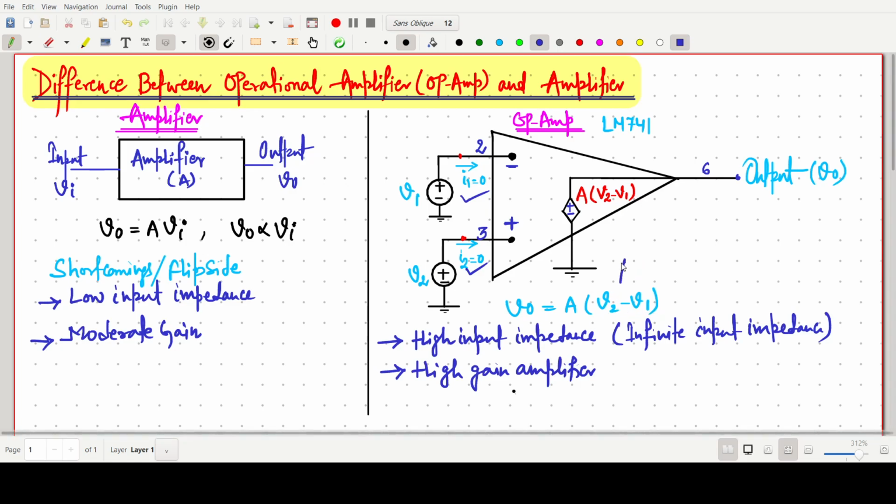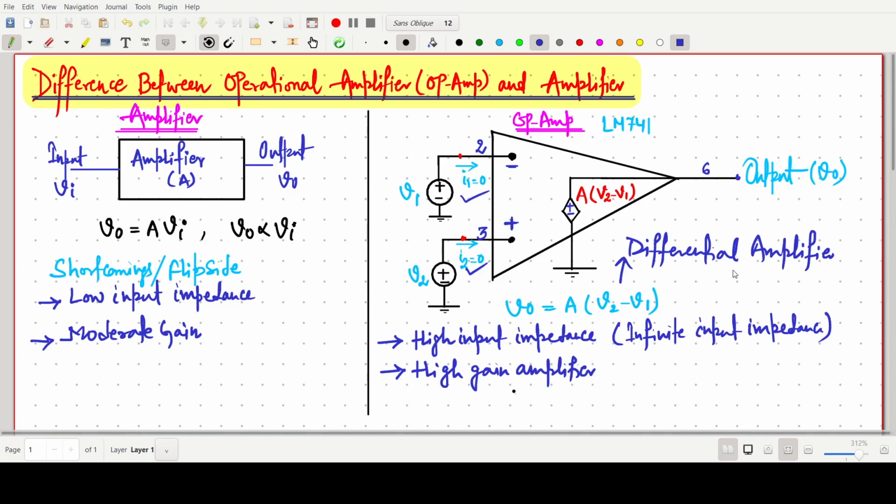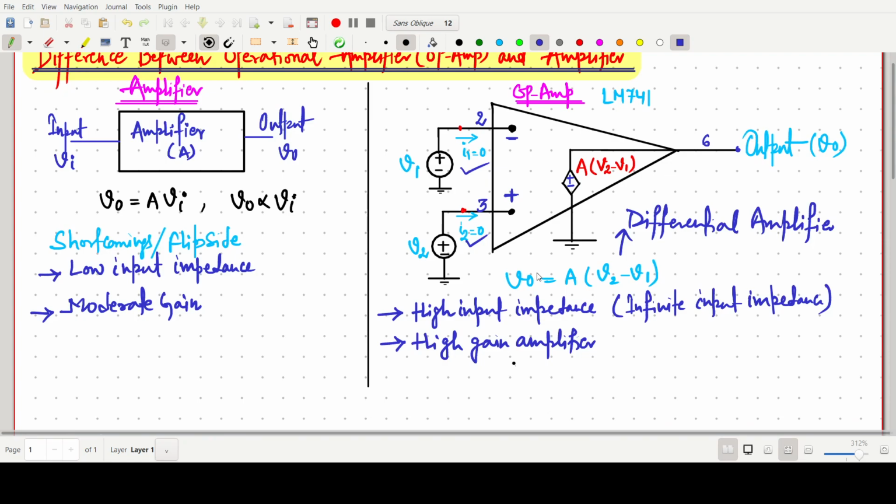That's why it is also called the differential amplifier. So these are the shortcomings or flip side of the amplifier, and the op-amp is more convenient. This is the second one.